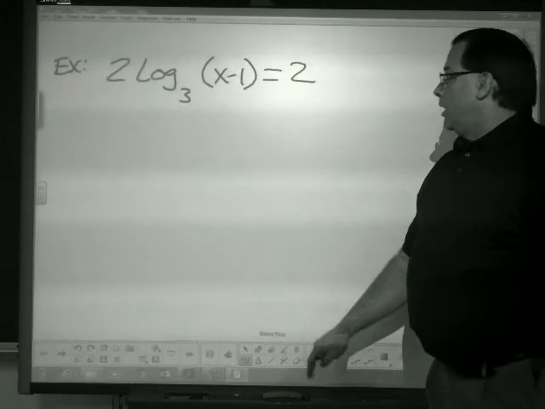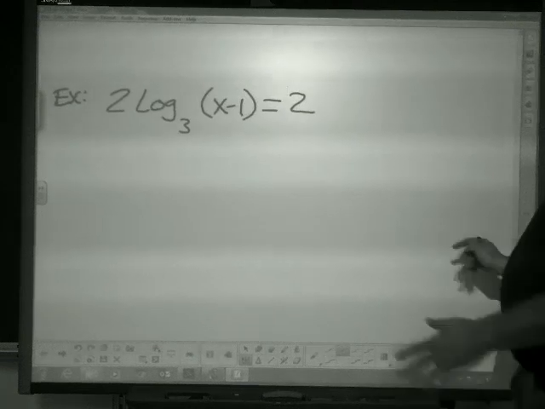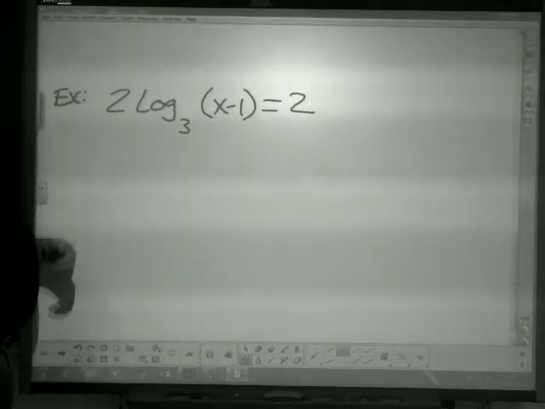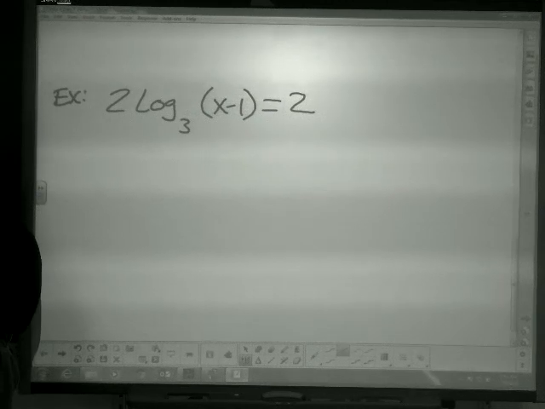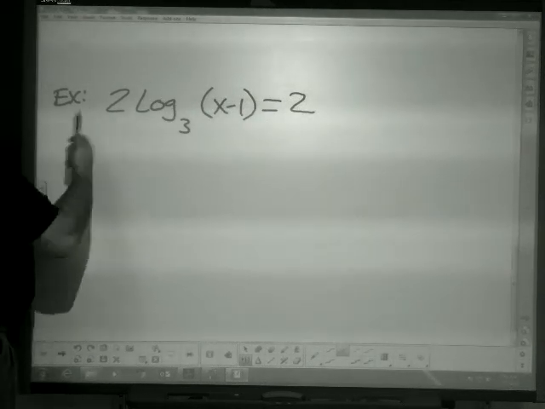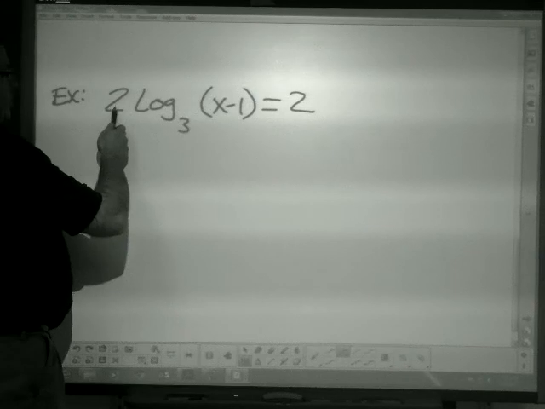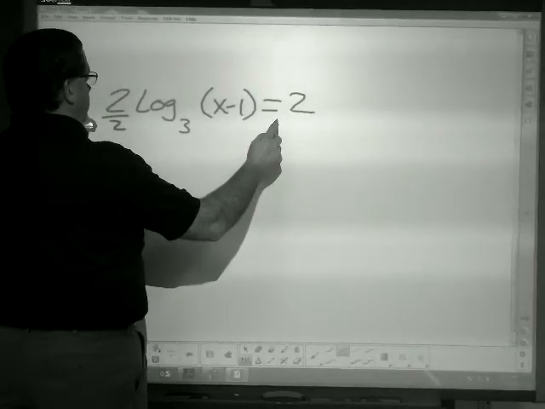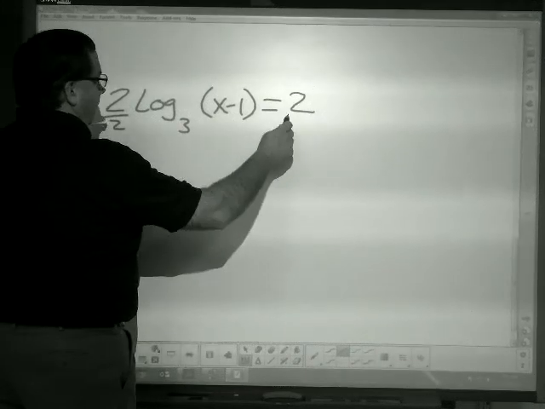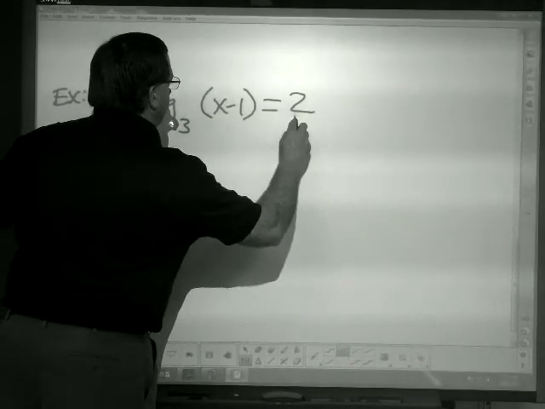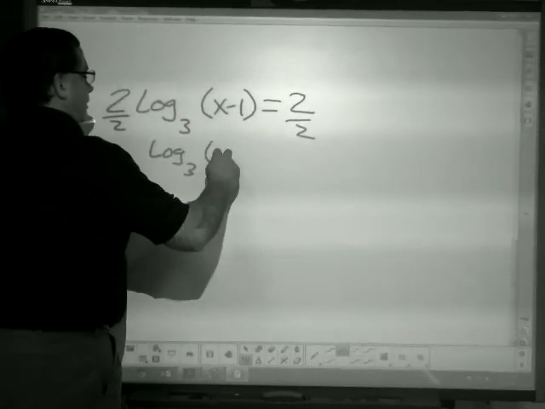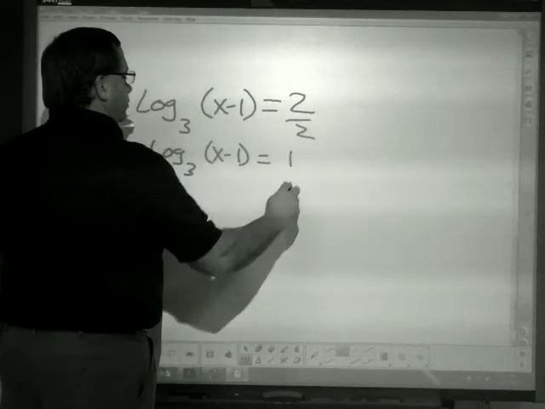All right. In this problem, log is written one time, so it's already been condensed. So let's go through and follow the process. Well, I'd like to divide by 2 first to isolate the log. So I'm going to divide by 2. And I have log base 3 of x minus 1 equals 1.